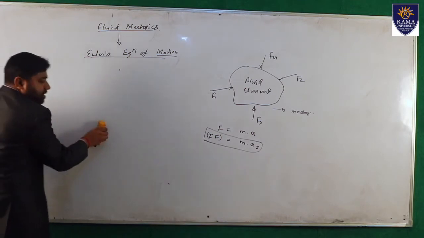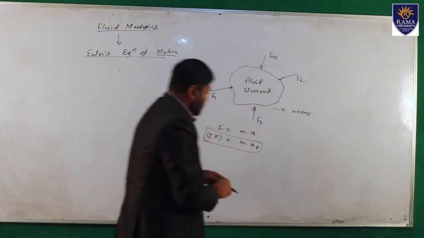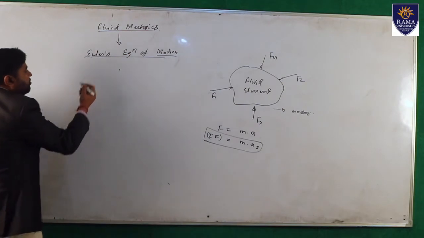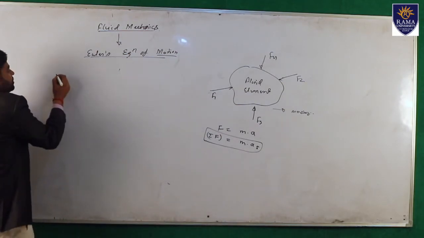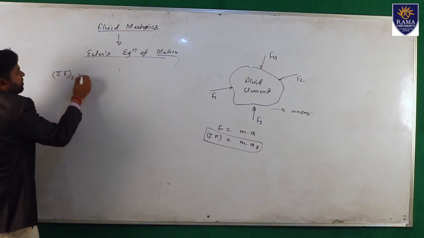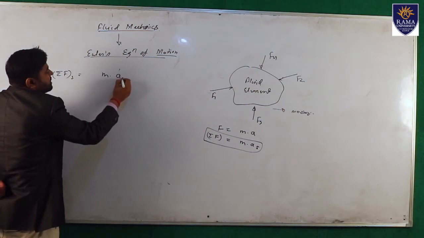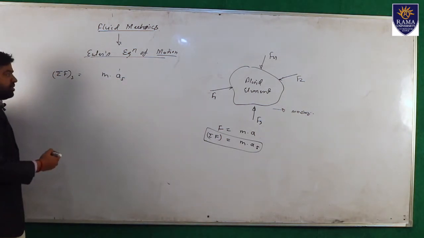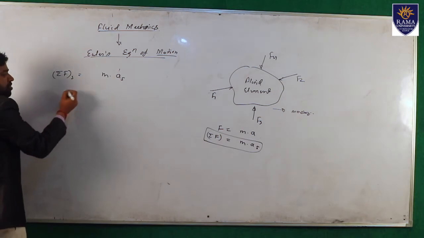So we write the initial equation for fluid motion: the summation of F in the s direction equals mass into acceleration in the s direction, where s is an arbitrary direction. What are the forces?